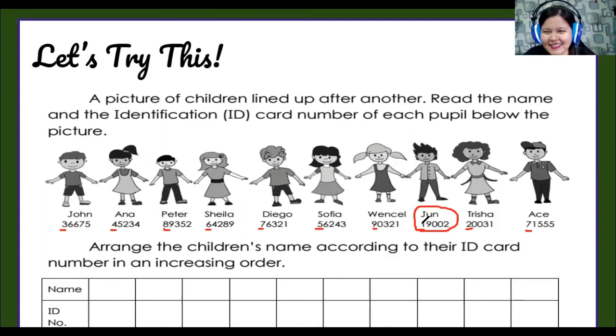So the first pupil who will be on the line is June. We will write the name of June here, and then we will also write her ID number, which is 19002.